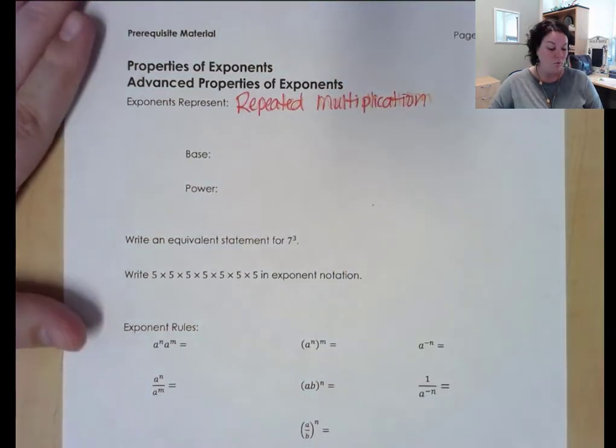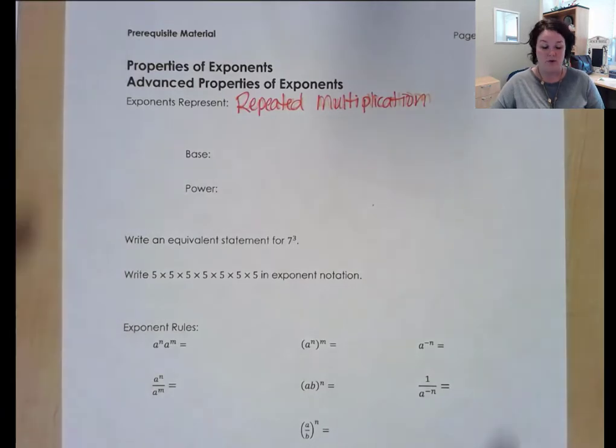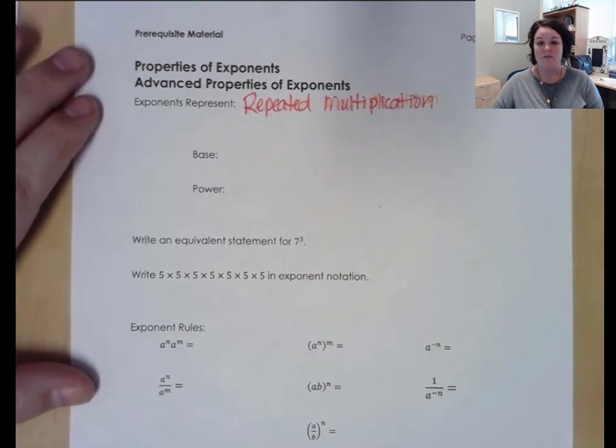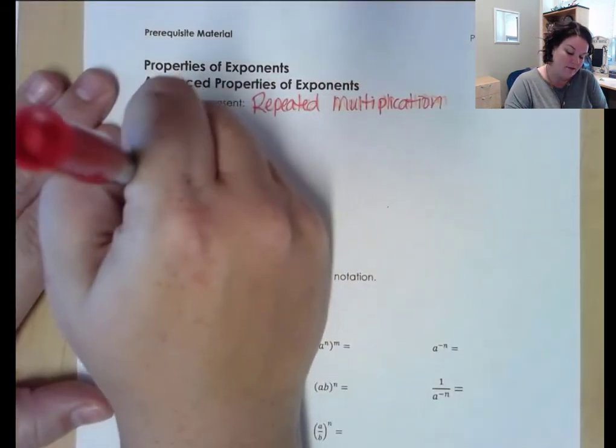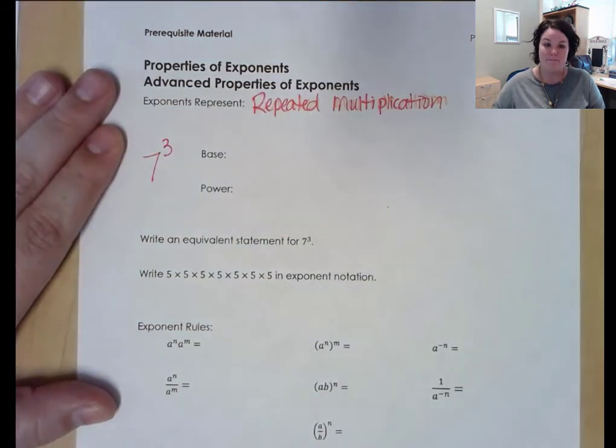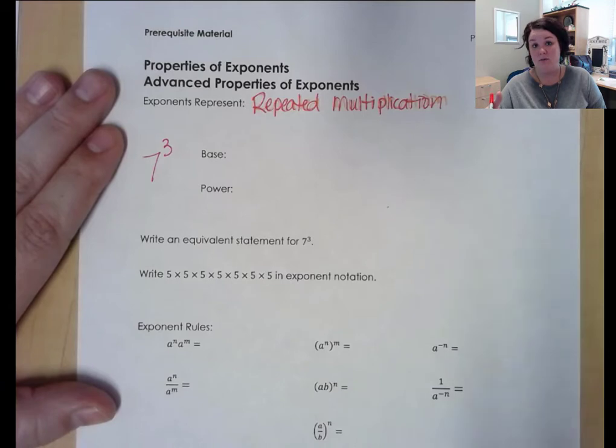Okay. So whenever you're dealing with an exponent, you have two parts to the number that you're dealing with. Let's say we have something like 7 to the third power. Our base is the numbers or variables that are being raised to some power.